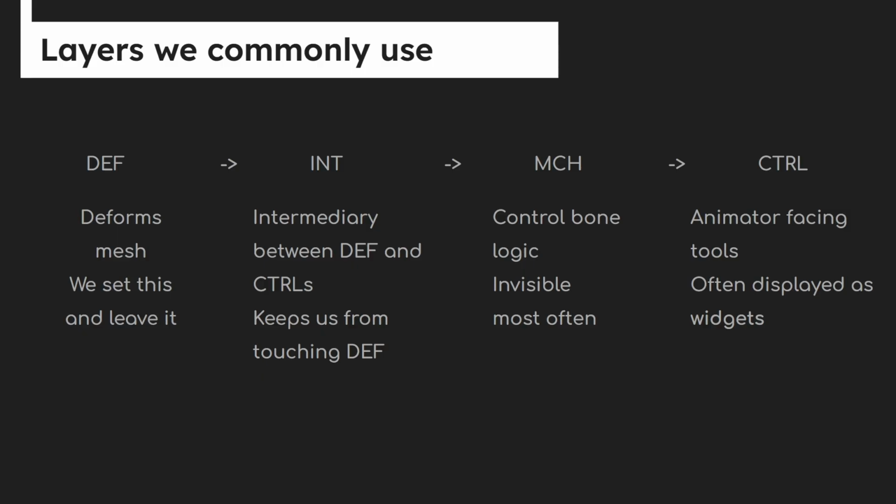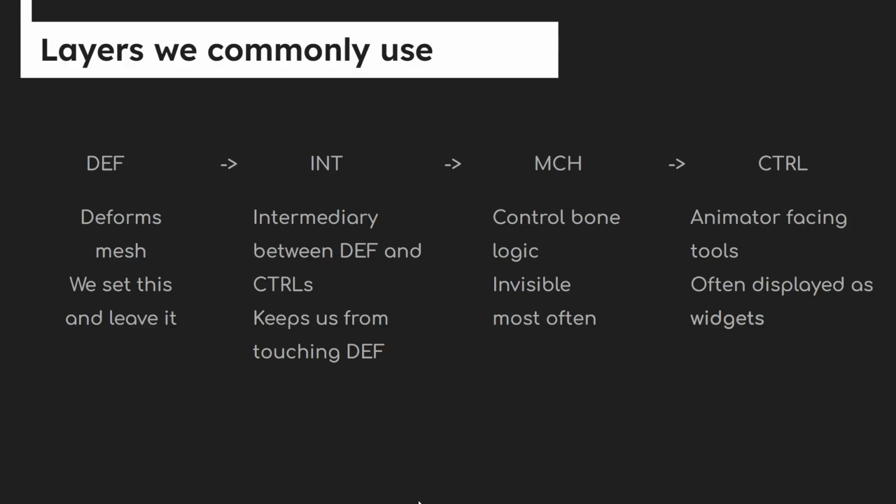We ideally want to touch these least because they are interacting most with our meshes themselves. And that's where the intermediary bones come in. These are constrained directly to the deformation bones, and they are in between the deforms and the controls, keeping us from touching the deformation bones, right?